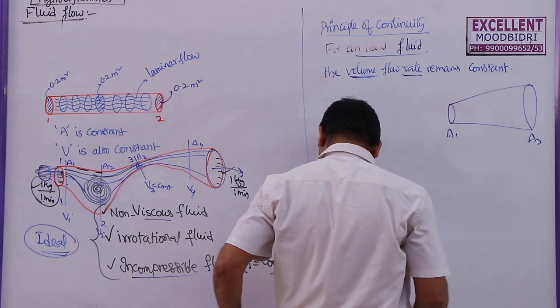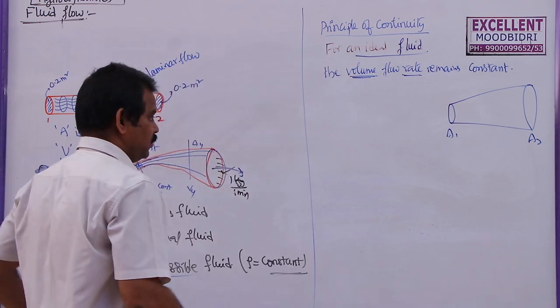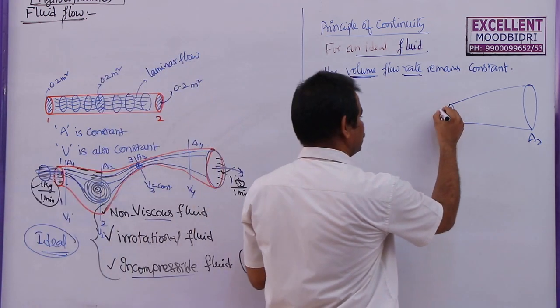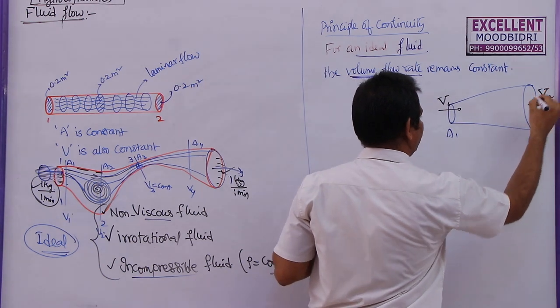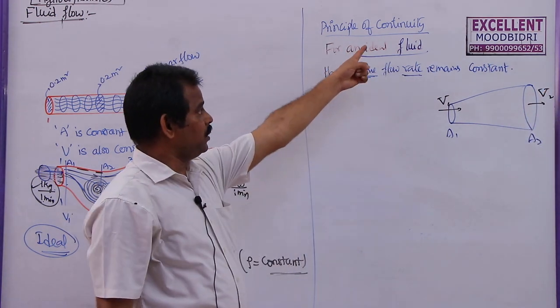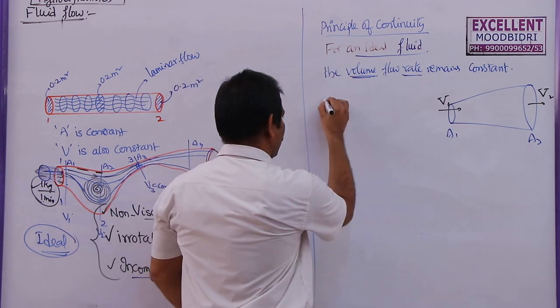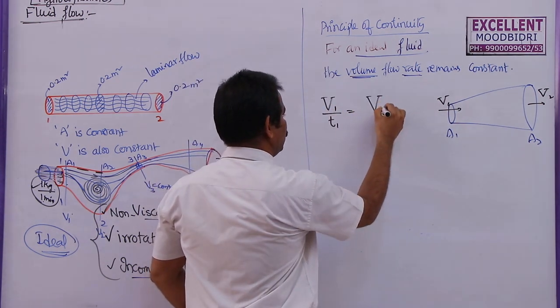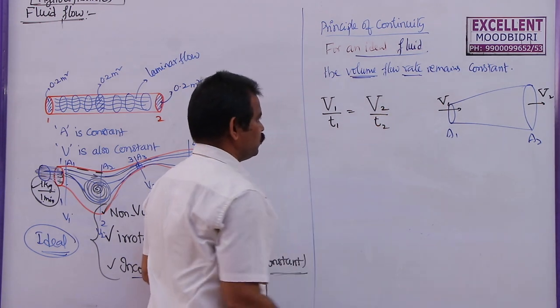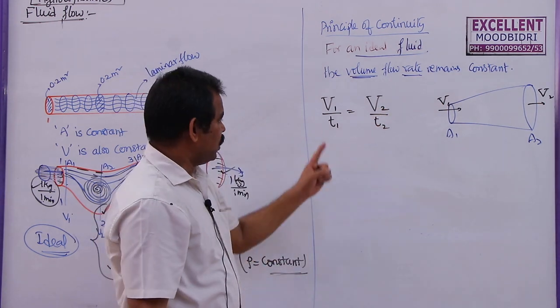What is the volume of the fluid that is entering in this pipe? The volume entering is V1 and this is V2. So this principle of continuity states that the volume flow rate, that is V1 by T1 is equal to V2 by T2, per unit time.